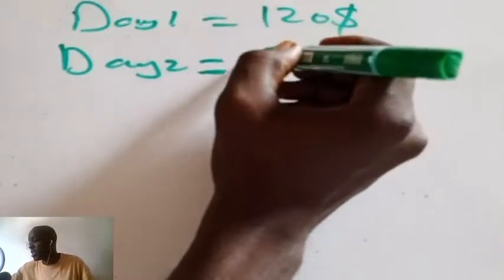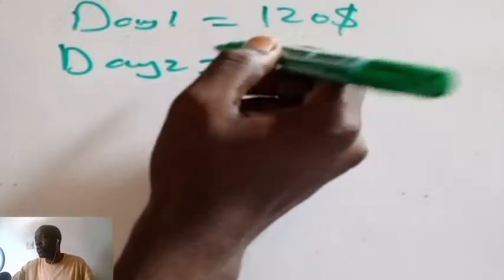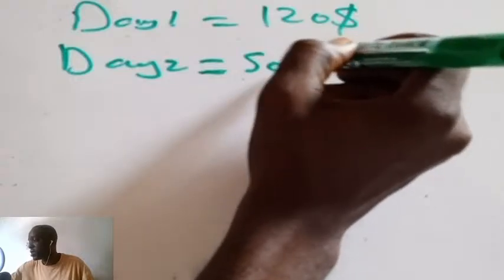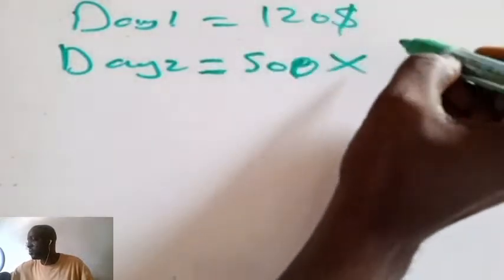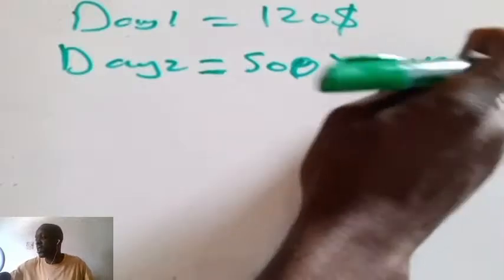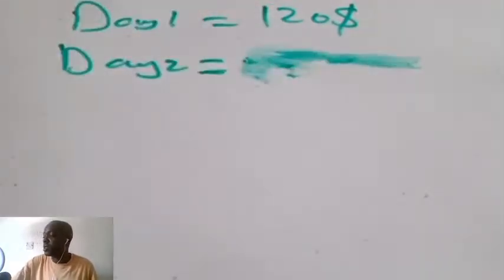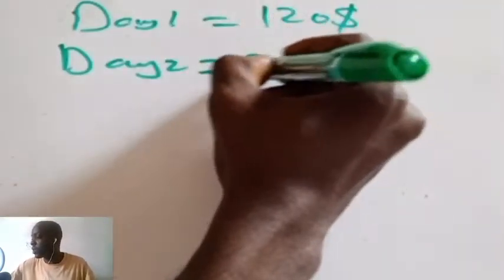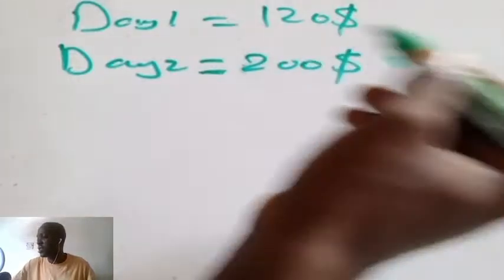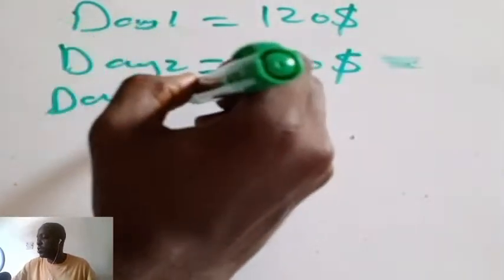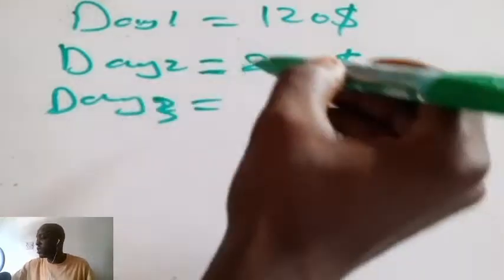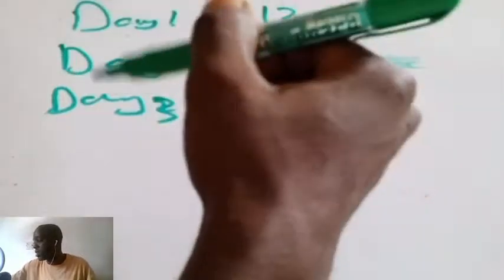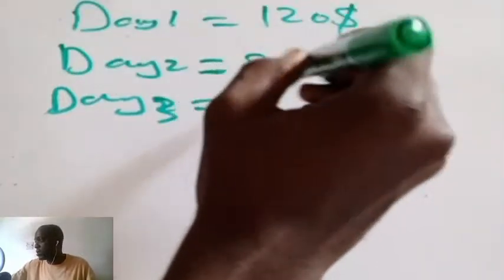Let's say we target 400 or 500 pips, multiplied by 0.4, that'll be $200. Day three, you do the same. We target 150 pips or 200 pips, that'll be $80.